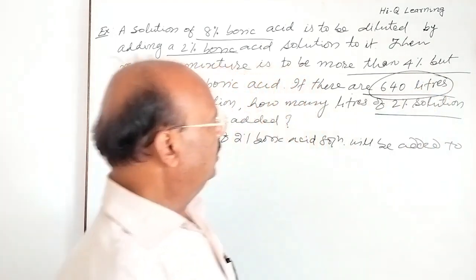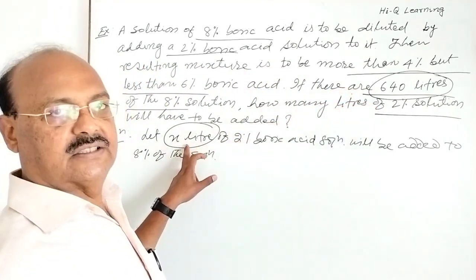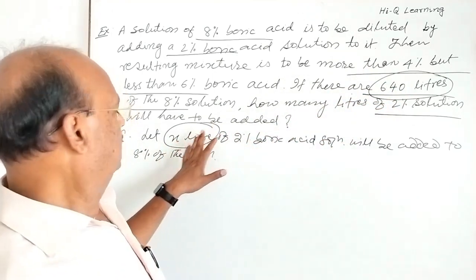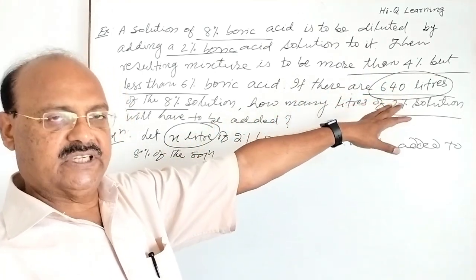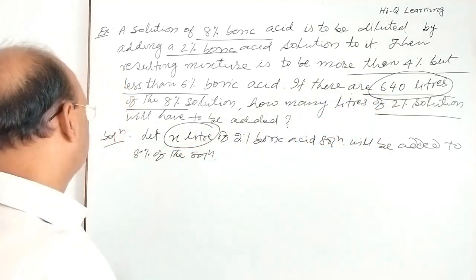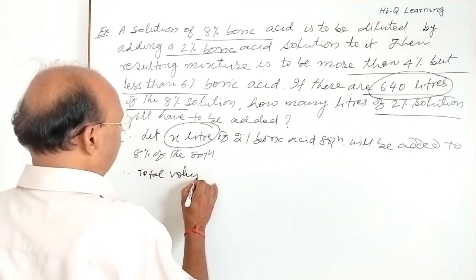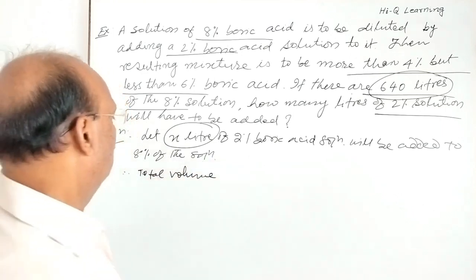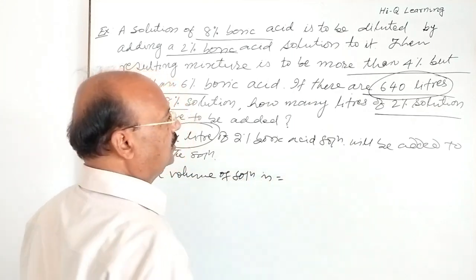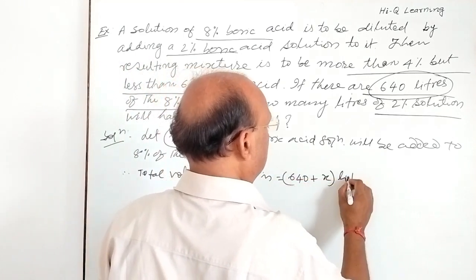So the total amount of solution will be 640 plus X. 640 liters of 8% is already given, and X liters of 2% is being added here. Therefore, the total volume of solution is equal to 640 plus X liters.